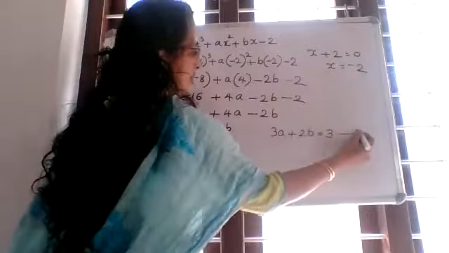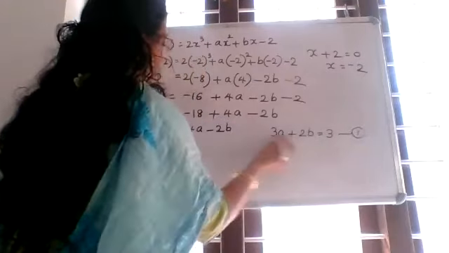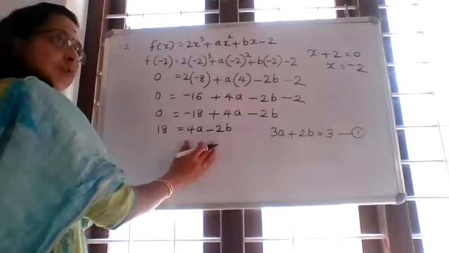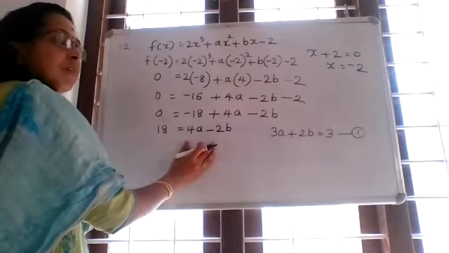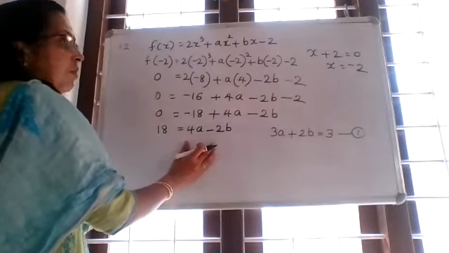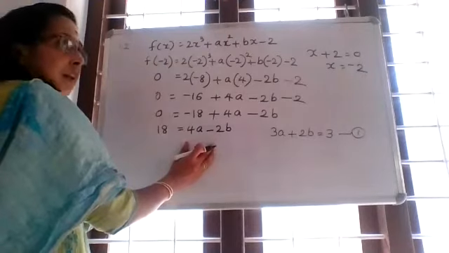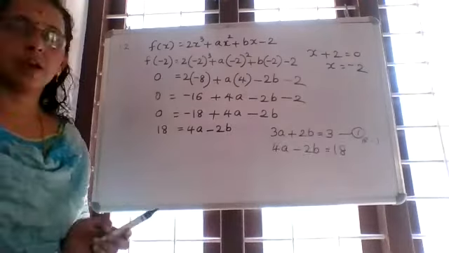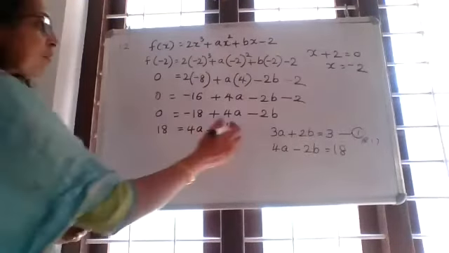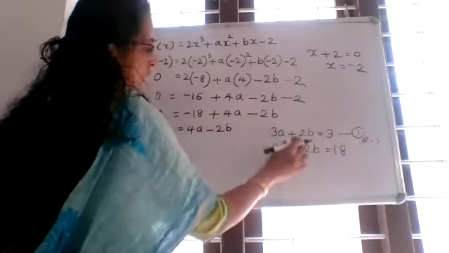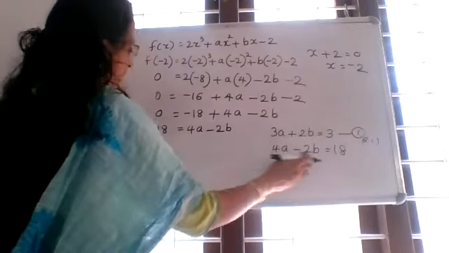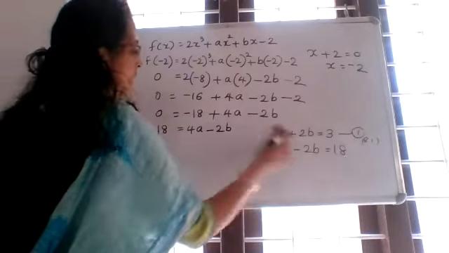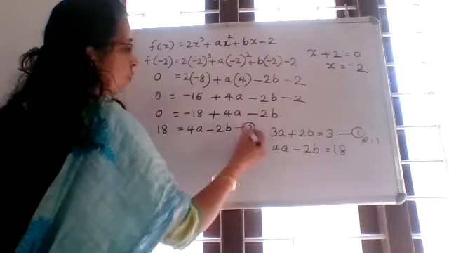Here 2b is there, here also 2b is there. So no need of dividing throughout by 2 again. Why are we not dividing? If we divide, we want to multiply again with that 2. Since the coefficient of b is 2, no need to divide by 2. So directly we can write 4a minus 2b is equal to 18. Let it be equation number 2.